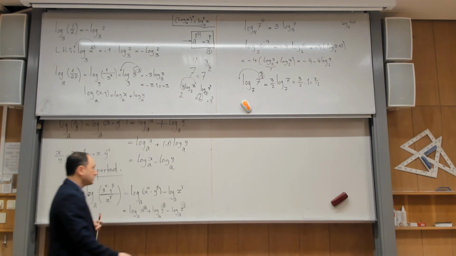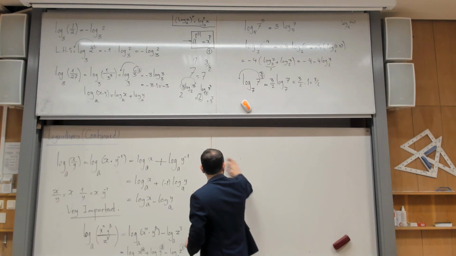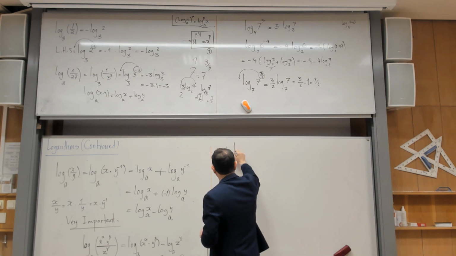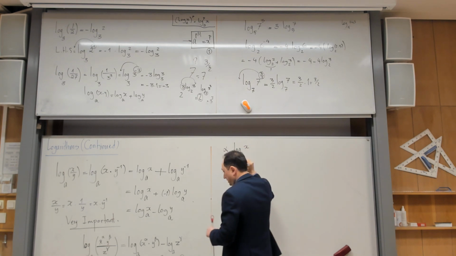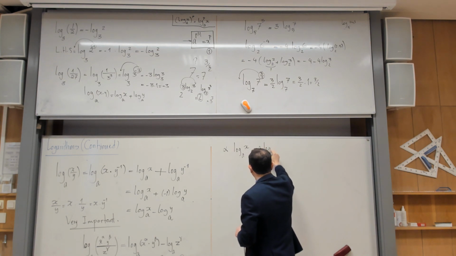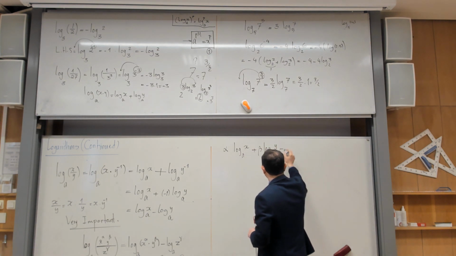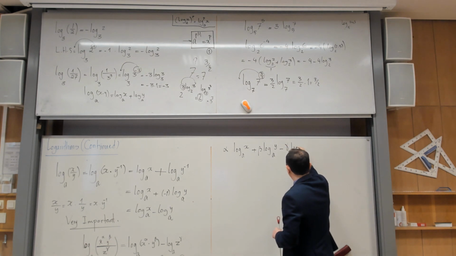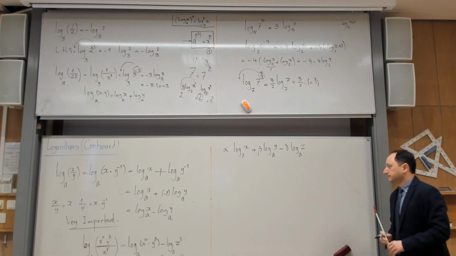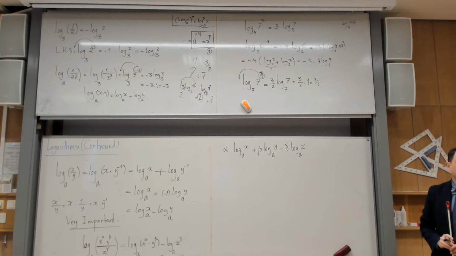So this becomes alpha log of x in base A plus beta log of y in base A minus gamma log of z in base A. So that is expansion.